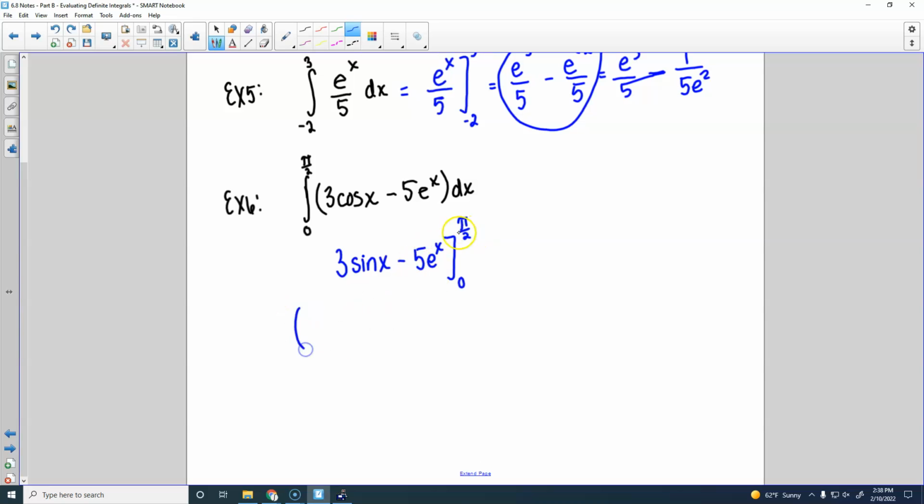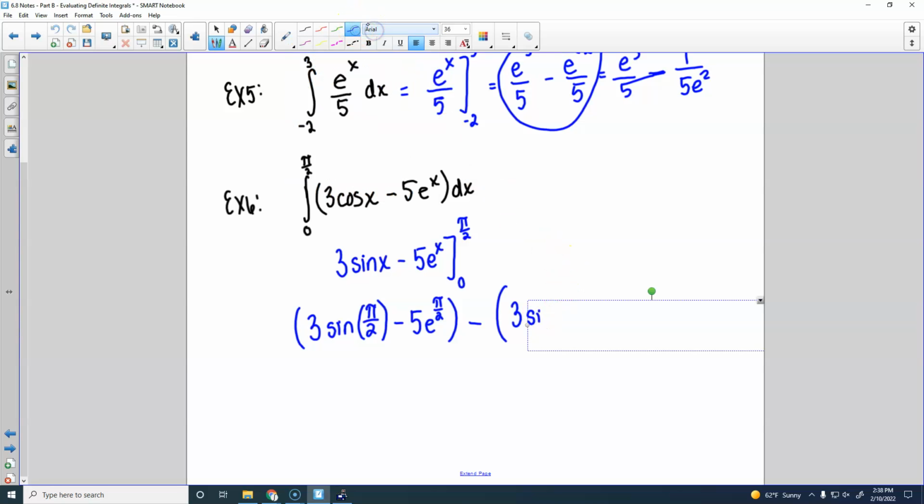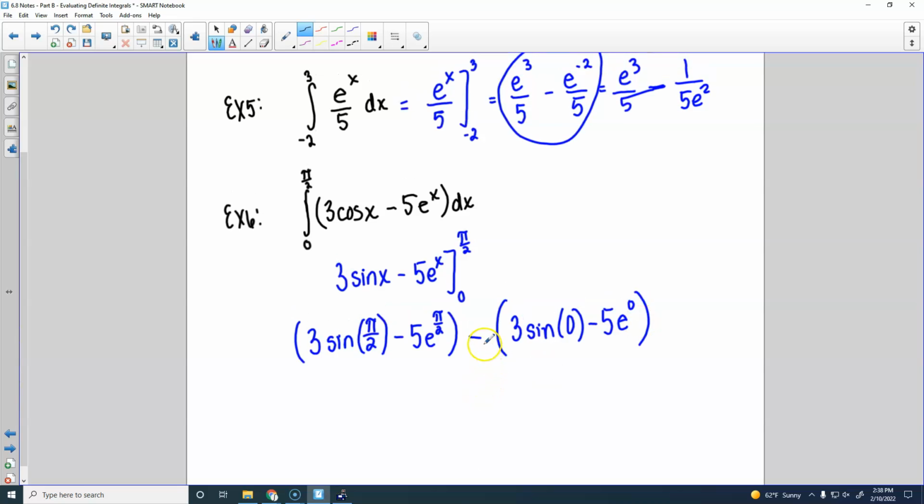So we would plug in pi over 2: 3 sine of pi over 2 minus 5 e to the pi over 2, minus, we would plug in 0: 3 sine of 0 minus 5 e to the 0. These parentheses separating those two are important because since this is a negative, if you don't have those parentheses, you'll get a sign wrong.